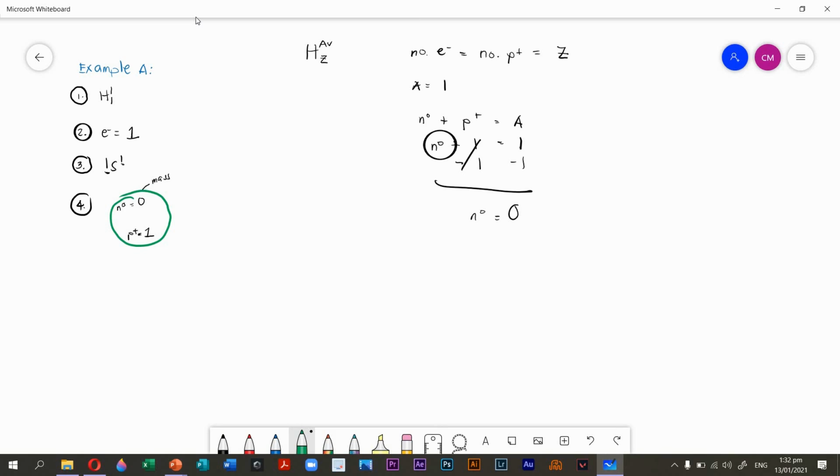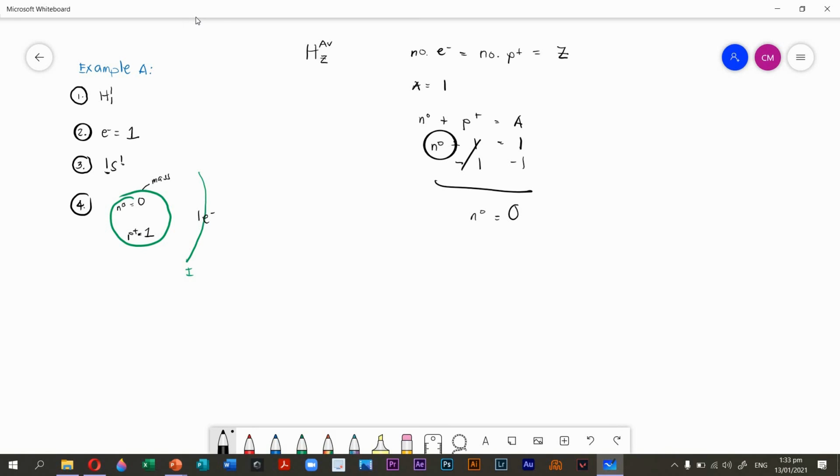Therefore, we are only going to write one container. This is the first energy level, so let us label it Roman numeral 1. We only have one container. And how many electrons does this container contain? Only one. So there's only one electron in this container.